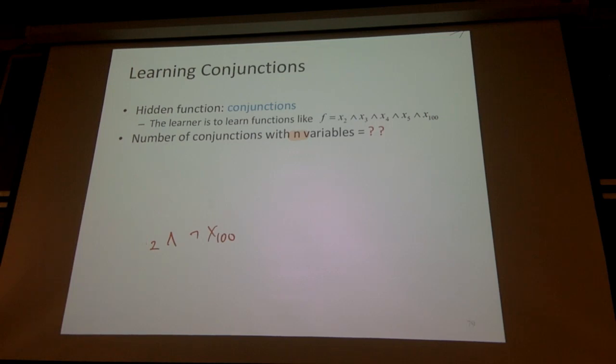Now, the question for you to think about is how many conjunctions are there if you have n variables? Can you tell? There's going to be n squared plus n. So, with the negations included in this class. Can you prove this? So this comes from Euler counting all the numbers from 1 to n, and there's going to be that many.